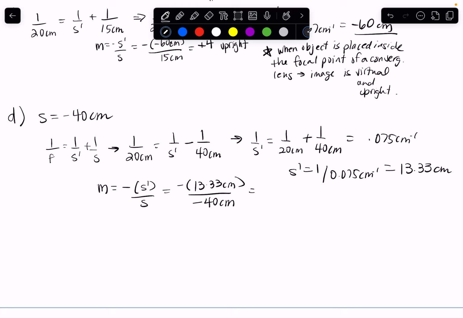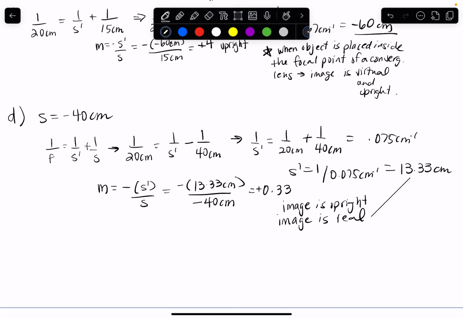And shrunken. Okay, so the image is upright. The image is real, because it's positive.